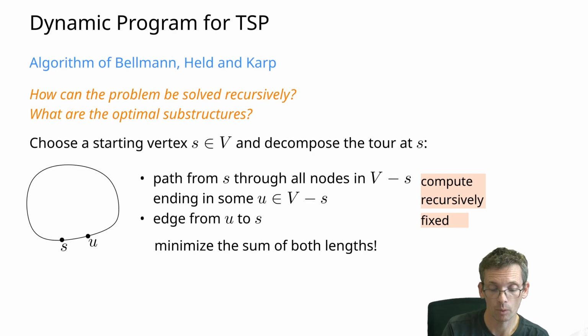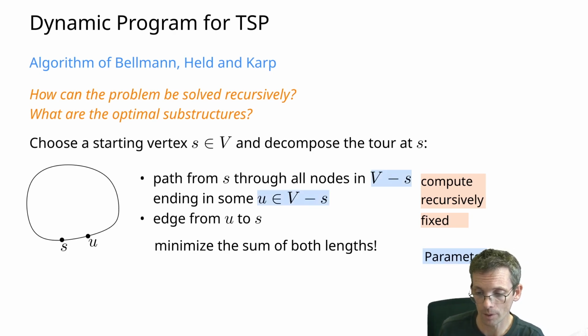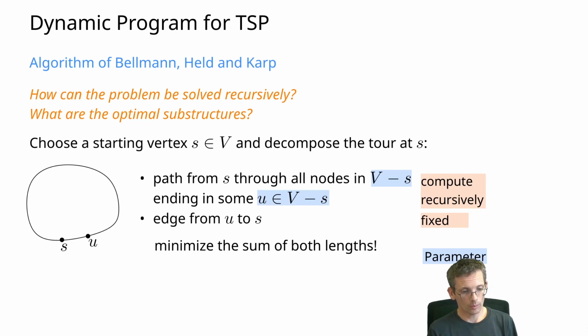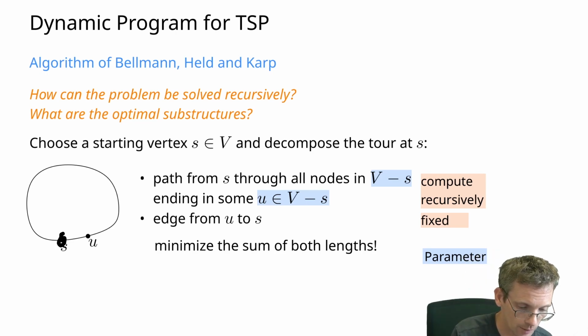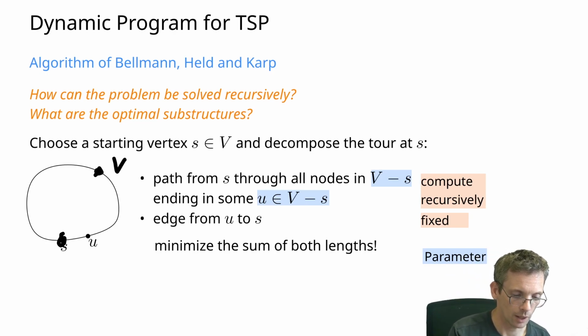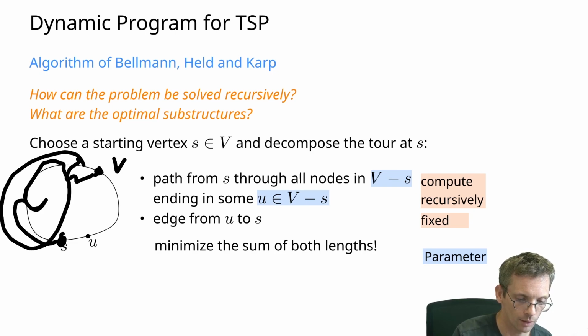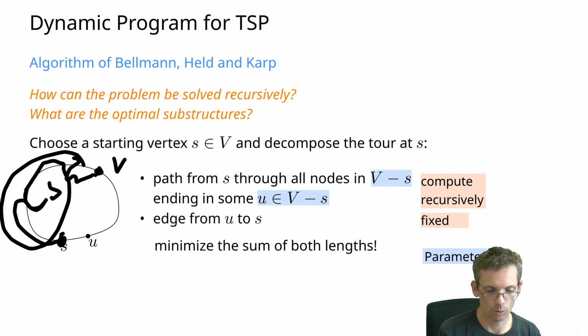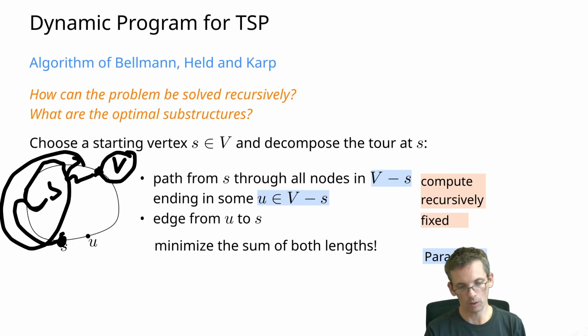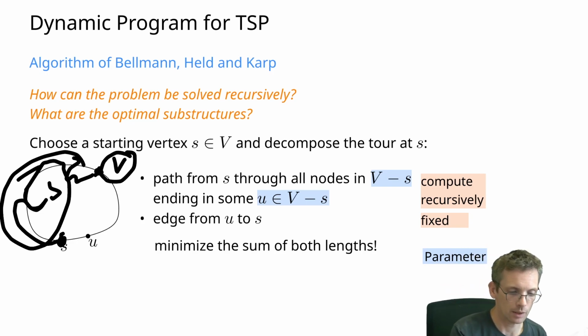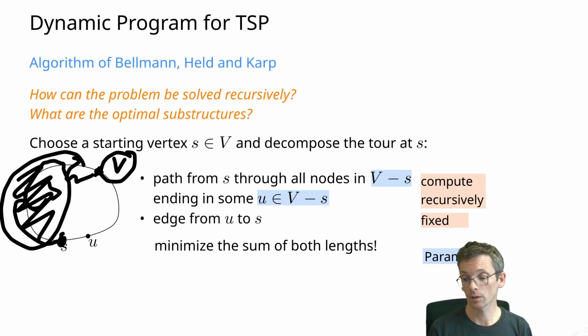For a dynamic program, we have to think about what our parameters are. So how do our subproblems look? The subproblems could look like this: I start from S, I go to some intermediate vertex V, and intermediately I visited a certain subset big S. So then I have two parameters: the vertex V I'm going to end on in my subproblem, and the subset S that I have visited so far.